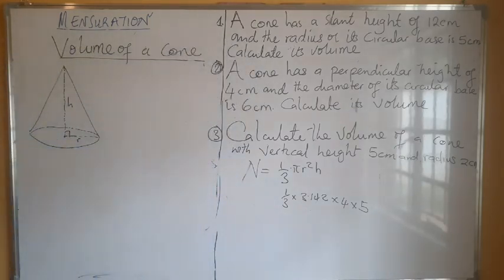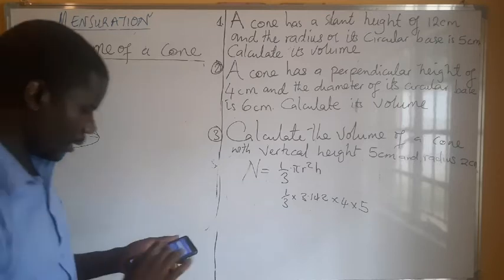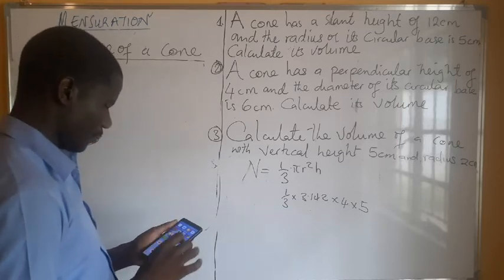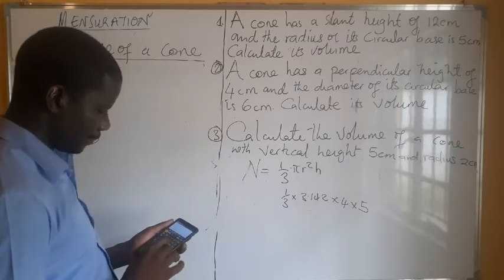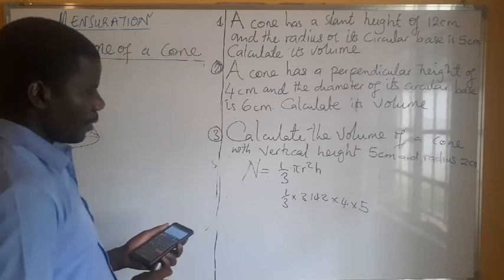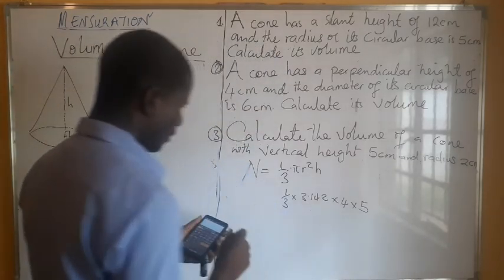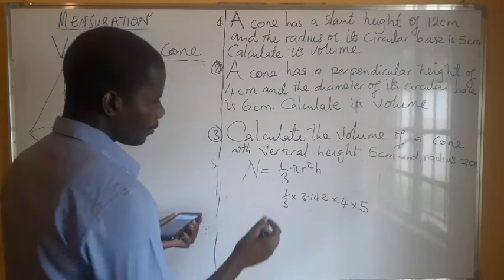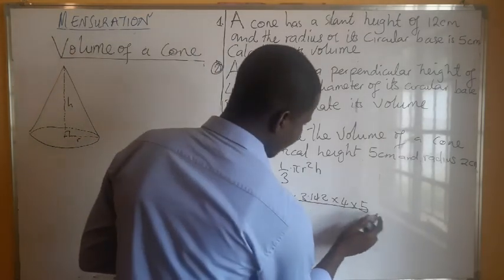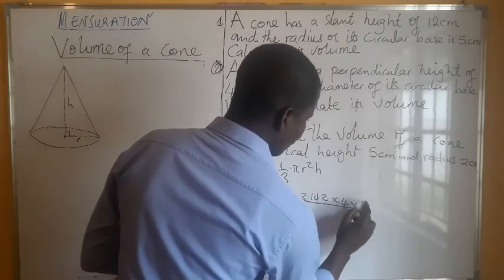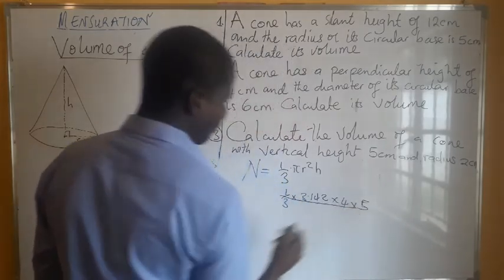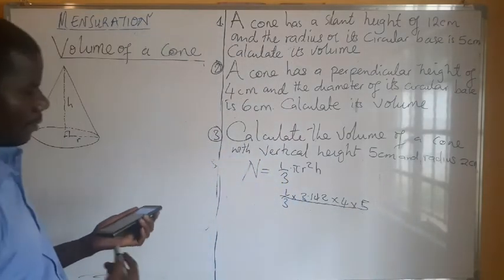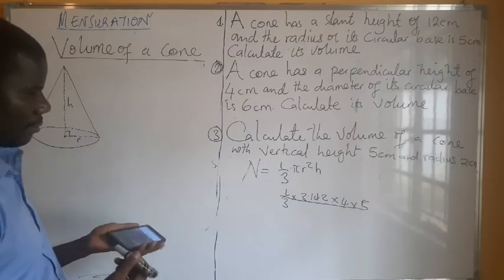Let's get our calculators and multiply to see what we're going to get. If you want, you can multiply all these, then divide by 3.